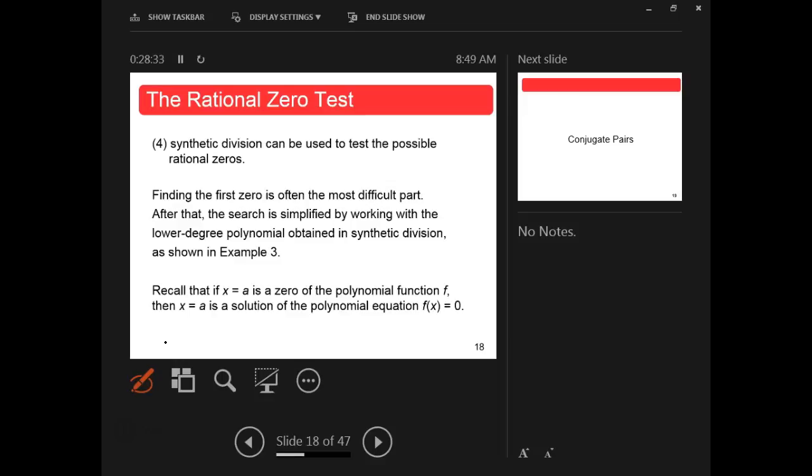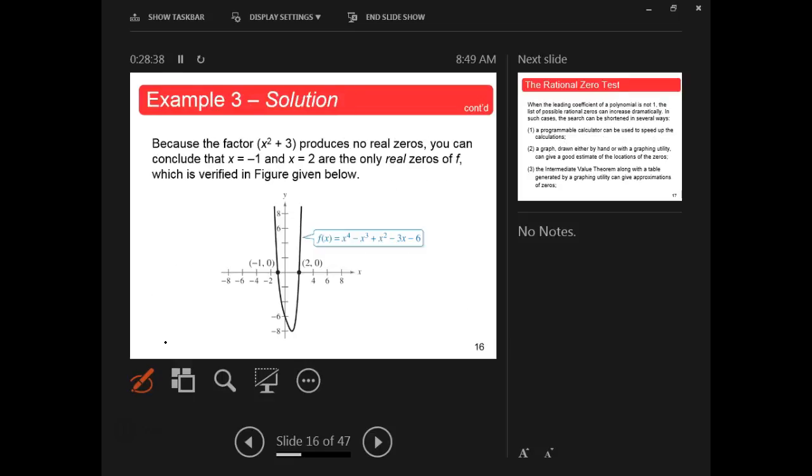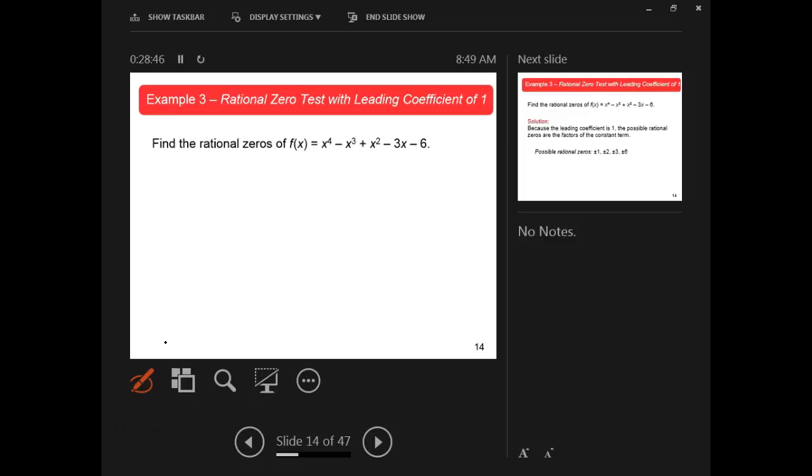Okay, they're skipping example 4 and 5, so let's go back and do them here. Okay, this is going to give us the most room to work. So here's example 4. Find the rational zeros of f of x is equal to 2x cubed plus 3x squared minus 8x plus 3.